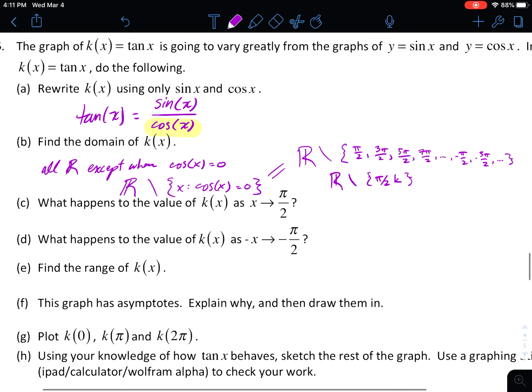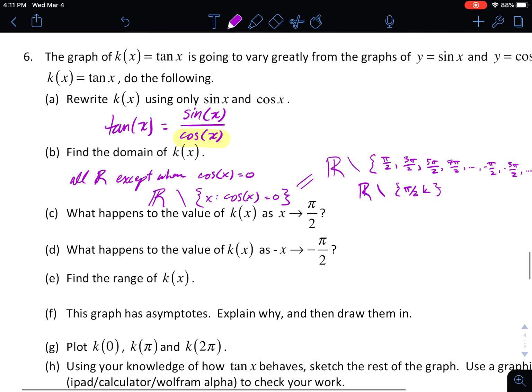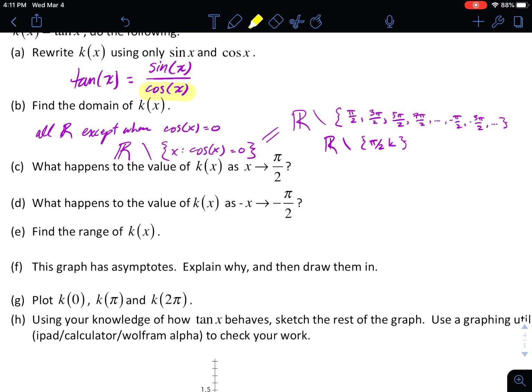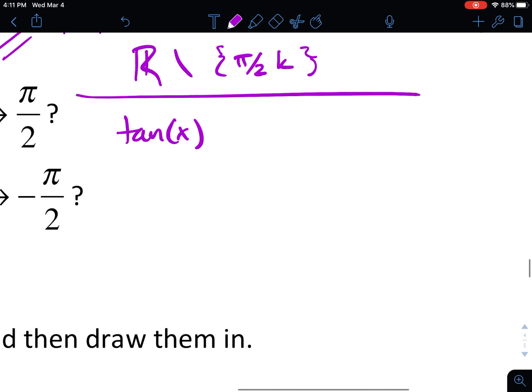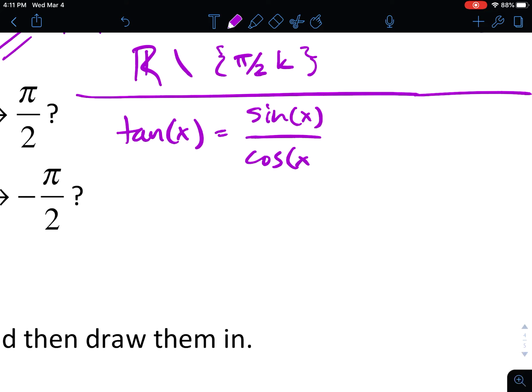What happens to the value of k of x? Again, k of x is tangent of x. As x approaches pi over 2. So that's interesting. What happens as x approaches pi over 2? Well, let's think about tangent x as sine of x over cosine of x.